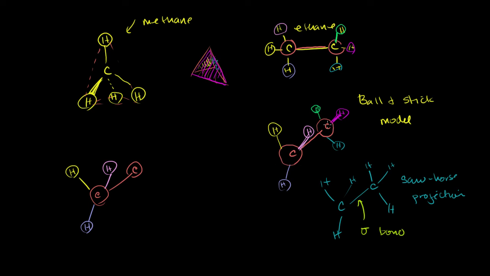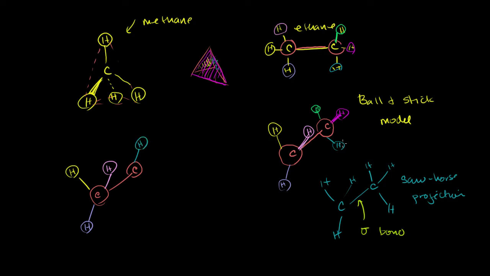Now what I'm going to do is flip the other side of the ethane. And I want you to pay close attention because hopefully you'll see the difference between the two. So instead of drawing this blue hydrogen down here, I'm going to do it on top. This blue hydrogen, put it on top. So I'm just rotating this around.